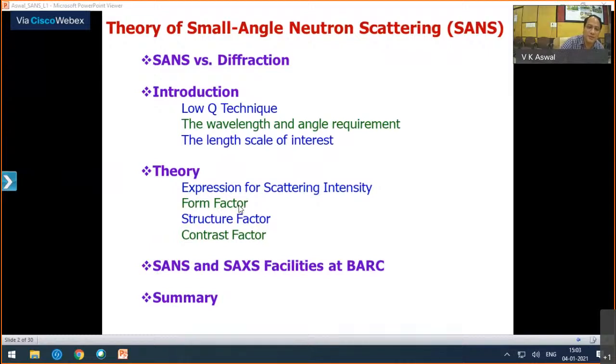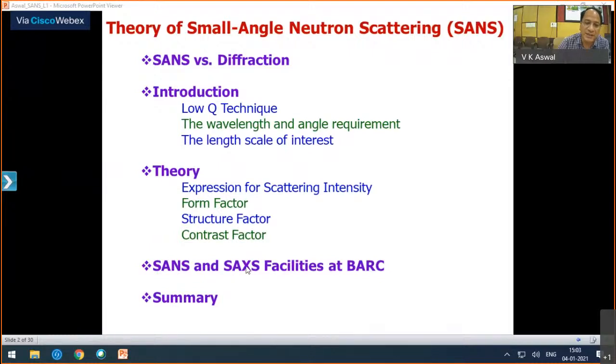Already you know these terms from diffraction experiments, form factor, structure factor, and how these are different in the case of small angle neutron scattering, and then contrast factor, which will be followed in tomorrow's lectures. And then I would talk about where you can do these experiments, particularly the SANS and SAXS facilities which we have at BARC.